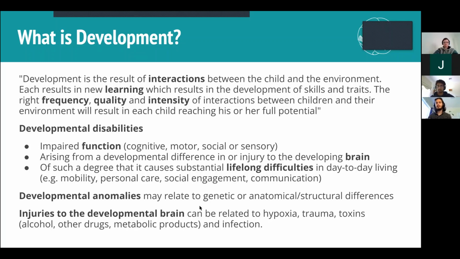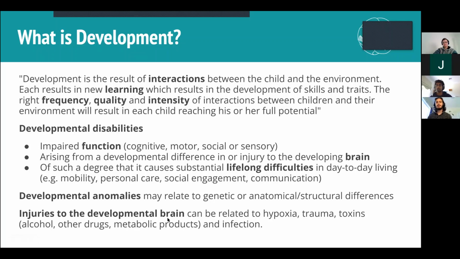Developmental anomalies, anomaly meaning something that is not necessarily normal or atypical, and they may relate to genetic or anatomical or structural differences. So it may be to do with the genes or with something structurally that is slightly different.